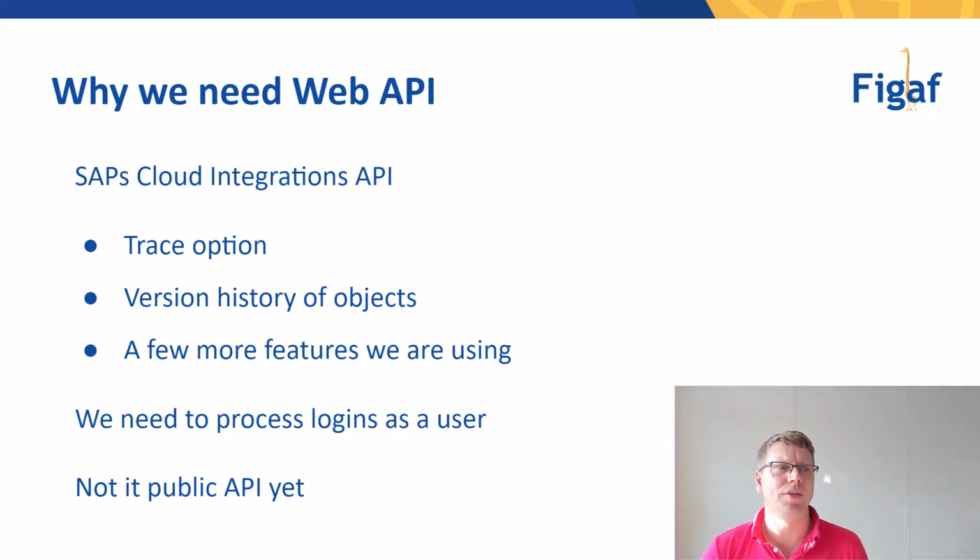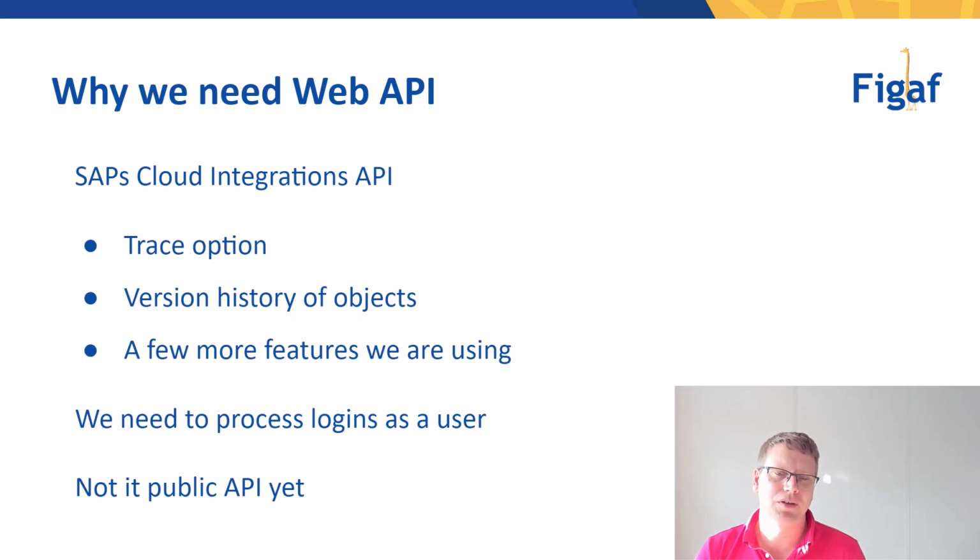And there's a few other smaller features that we're using, like 20 different API calls that could be different. Some of these we could probably rewrite to use the current public APIs, but since we at least have these two bullet points, we still need to be using this approach.